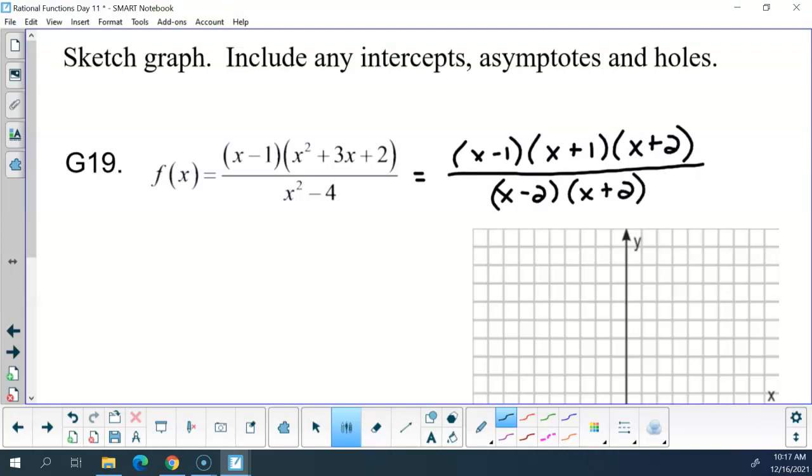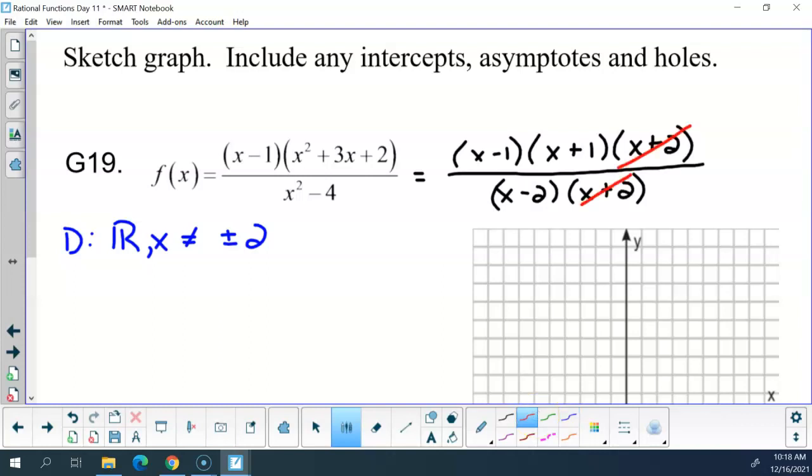Yes? Okay, but let's knock out domain first, since domain is still on the original function. All real numbers, but x cannot equal plus or minus 2. Everybody good with that for domain?